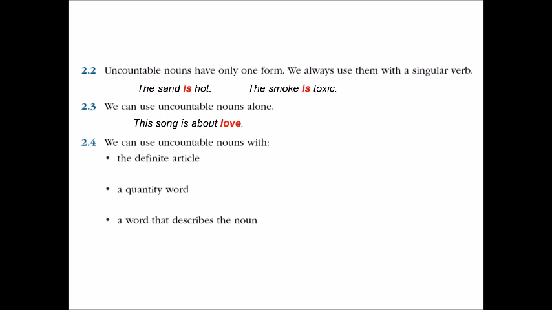We can use uncountable nouns with the definite article, a quantified word, or a word that describes the noun. For example, the air, a piece of cake, 2 liters of milk, my money, and some freedom.